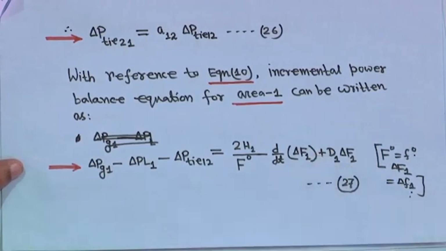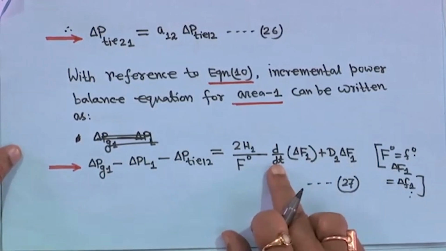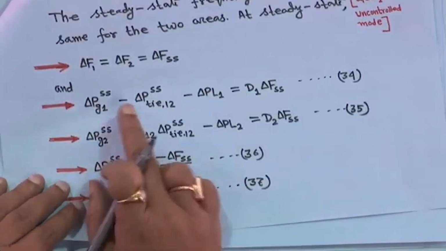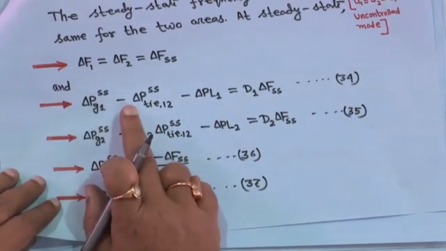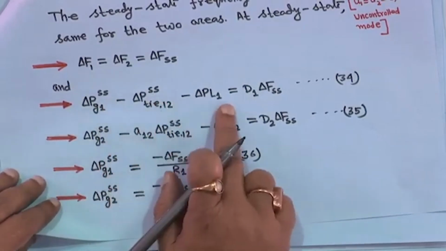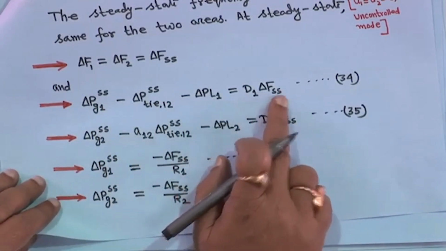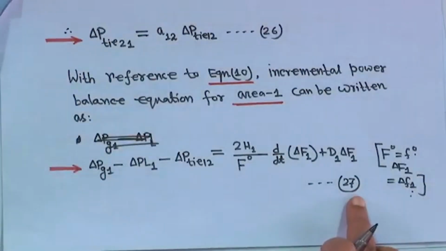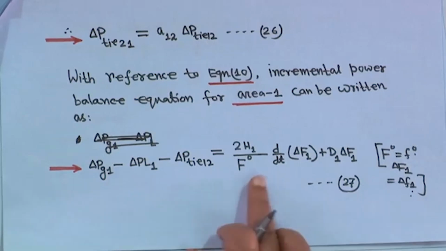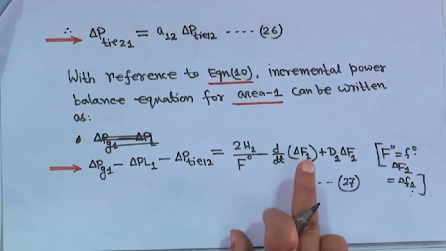That means this equation becomes delta Pg1 ss minus delta Ptie 1-2 ss minus delta PL1 is equal to D1 into delta fss. This is actually coming from equation 27.